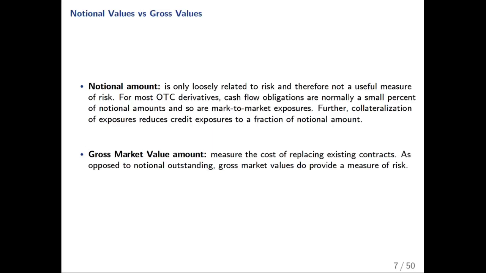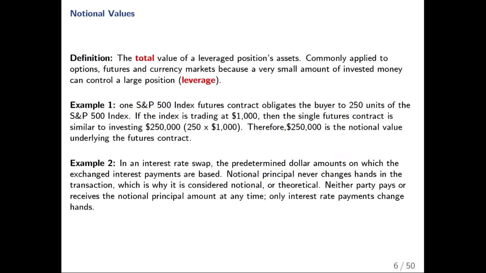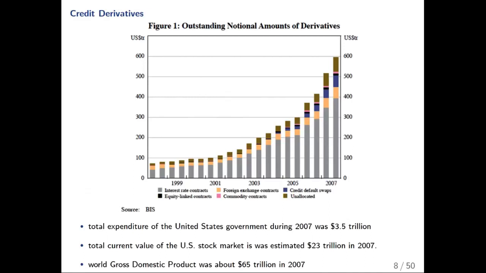What we care about when we think about risk or the total size of a market is actually the gross value. The gross value is defined as the cost it would take to completely replace all contracts. So in this example, the gross value of this contract is $1,000, not $250,000. Okay? So keep that in mind when I show you this plot.